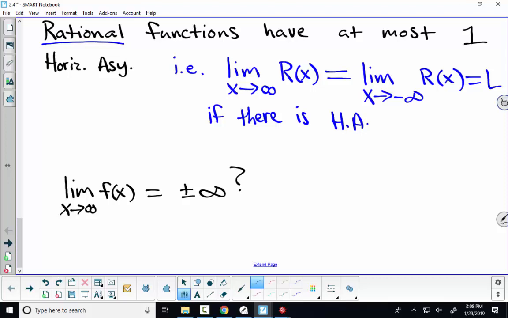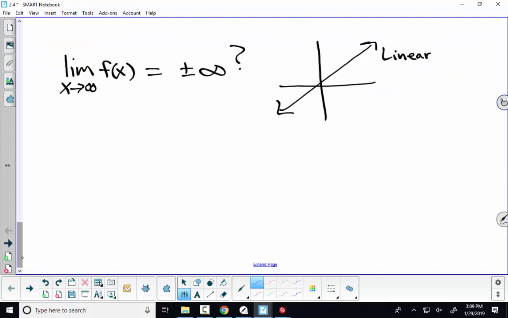On a linear function, as x approaches infinity, so do the y values. Any other kinds? Polynomials, right? Quadratics, cubics, all of those.